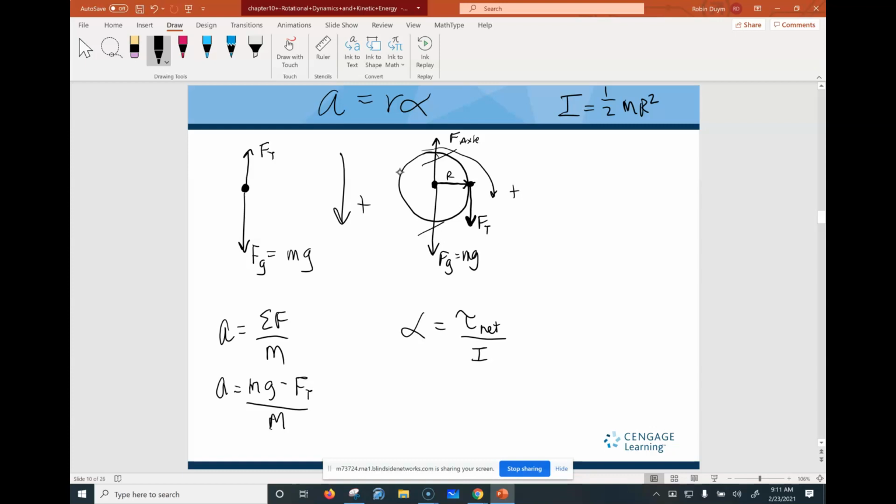And the reason that we do it that way is because you have less negatives in the long run, and it just makes the math a little bit cleaner. You should get the same answer either way.